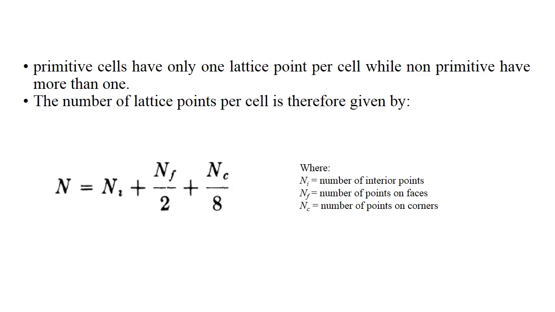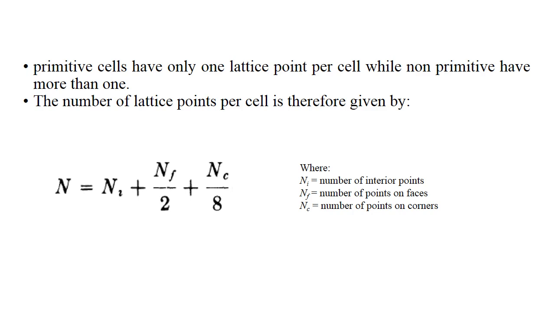If a single unit or cell is shared between 8 different cubes, one cube has only the 8th part of that cell, and a face is shared between two cubes and one cube has half of that cell.